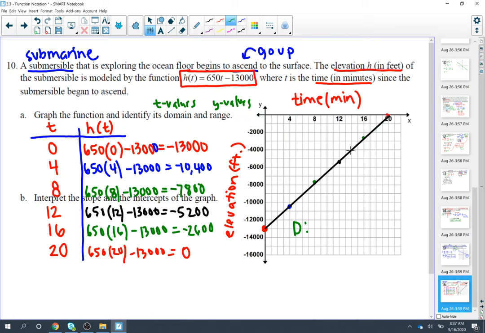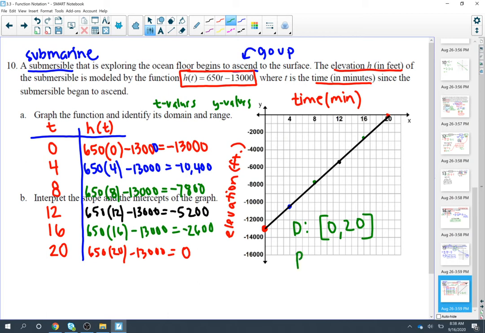So if I follow my graph to the left and I'm looking at my x values, or my time, it started at 0 and went to 20. So 0 to 20. Now I'm going to use a bracket because I actually touched the 0, and I'm going to use a bracket because I actually touched the 20.